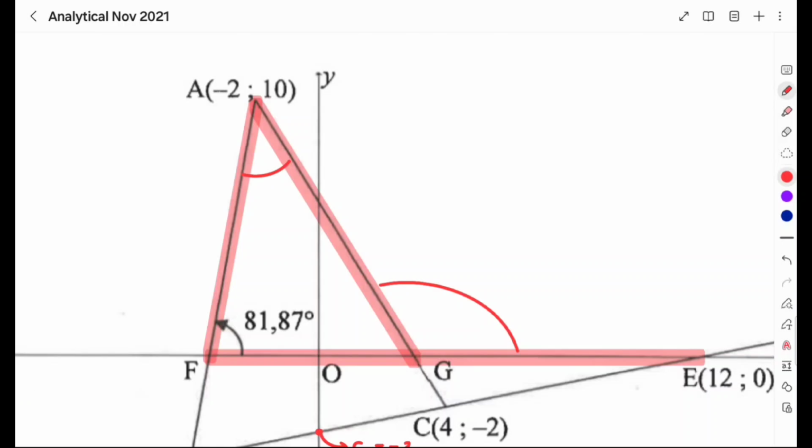So our first order of business is to calculate the angle of inclination of the line AG.